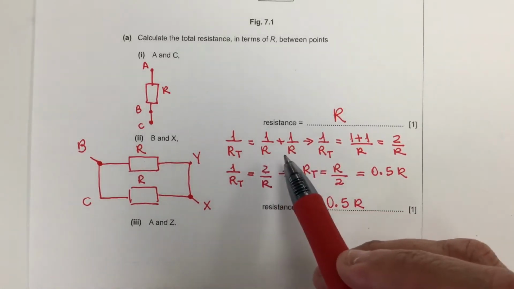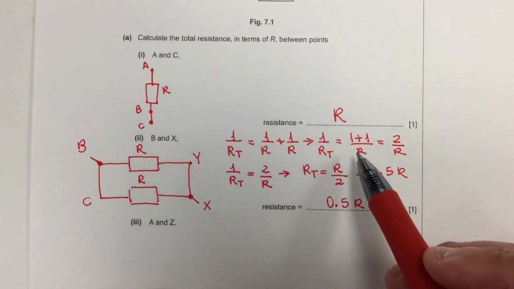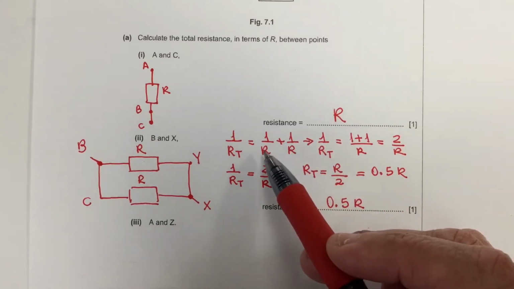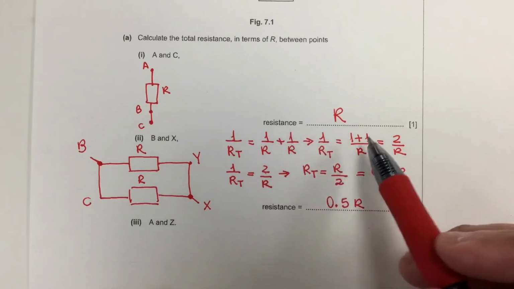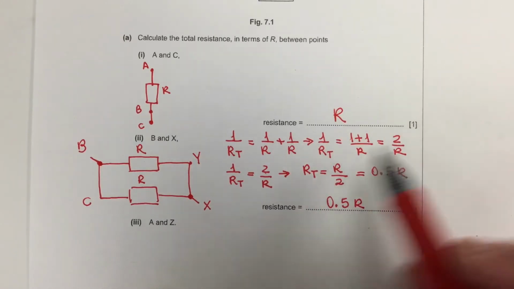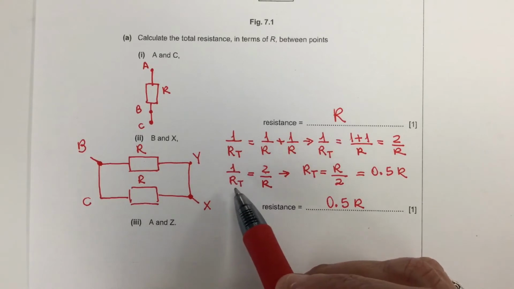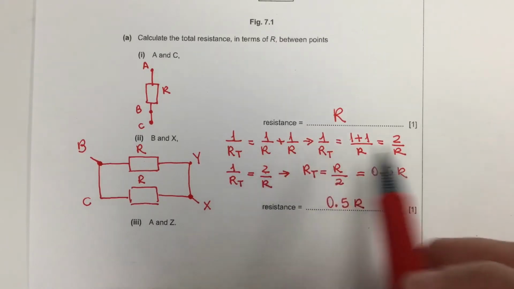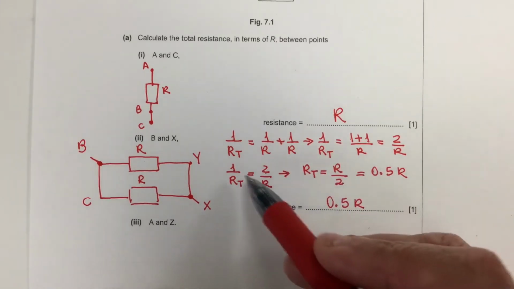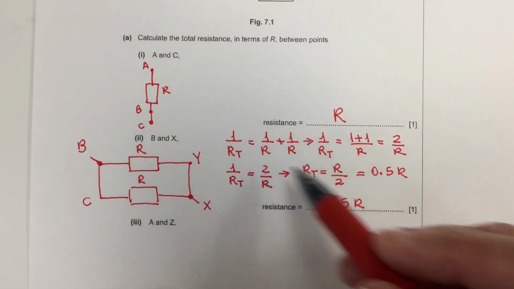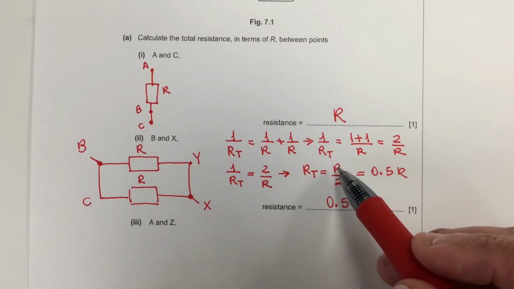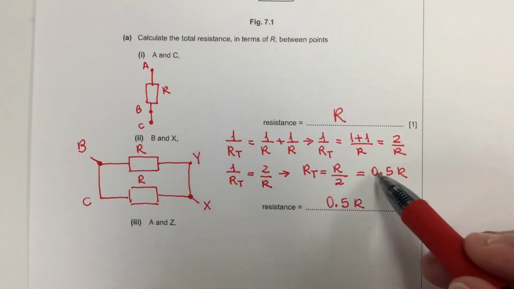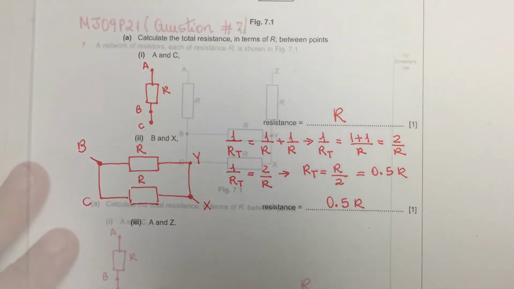So we have the common denominator R. R divided by R is 1, so now we have 2 over R. So 1 over the total resistance is equal to 2 over R. Now I'm going to flip both fractions. So the total resistance is equal to R divided by 2, or 0.5 R.